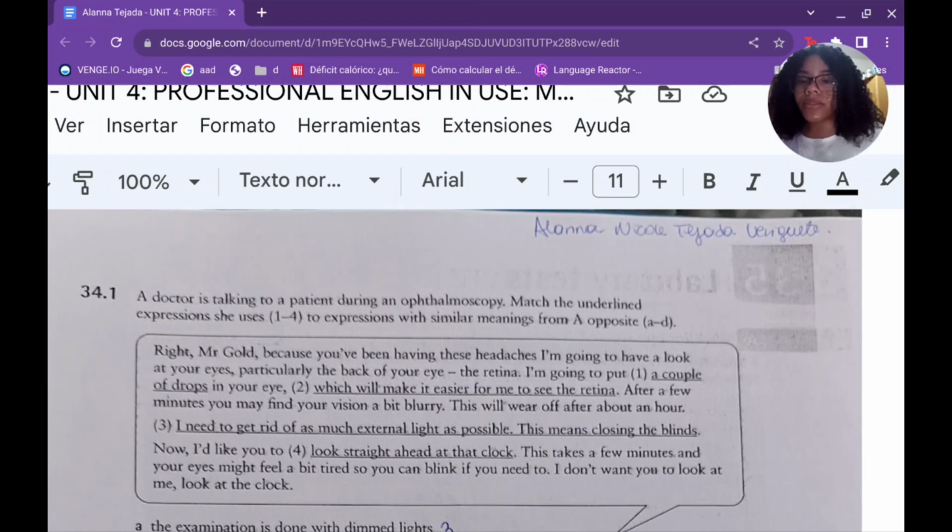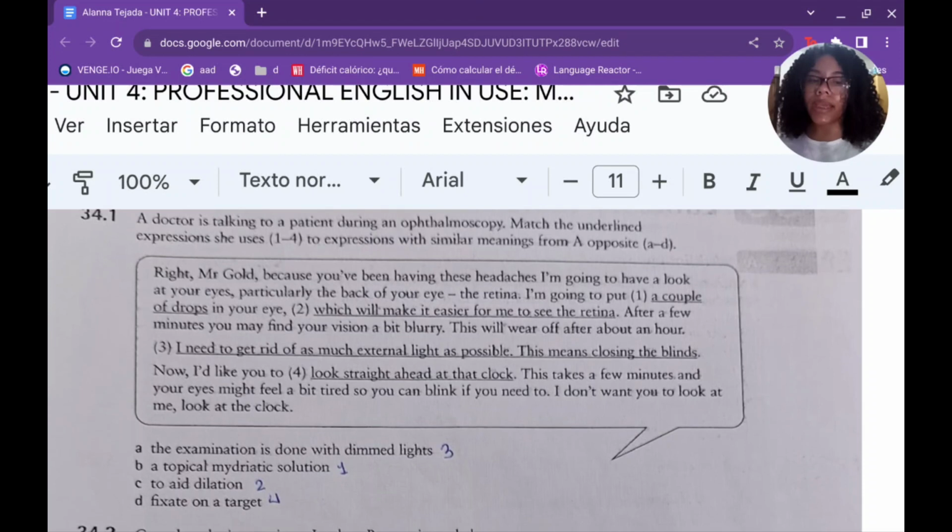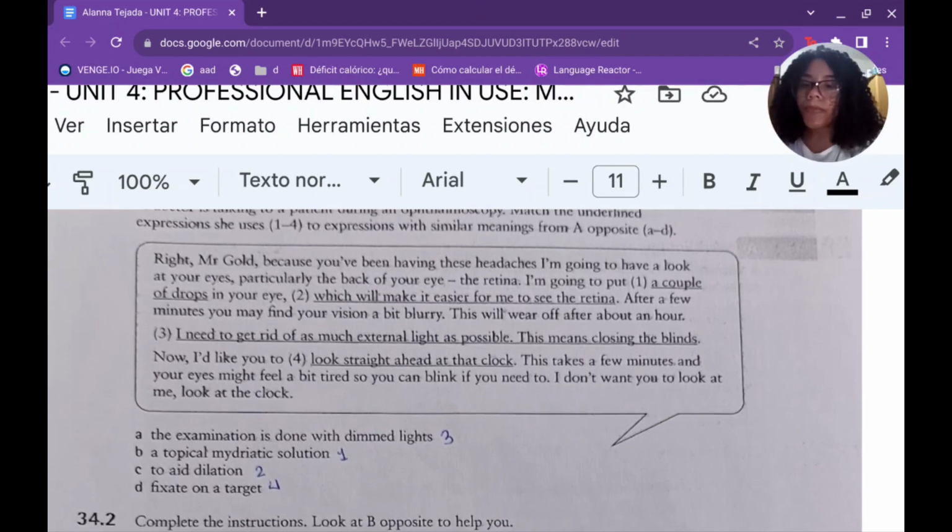4.1 A doctor is talking to a patient during an ophthalmoscopy. Match the underlined expressions she uses, 1 to 4, to expressions with similar meanings from A opposite, A to D. So, Mr. Gold, because you keep having these headaches, I'm going to have a look at your eyes, particularly the back of your eye, the retina.